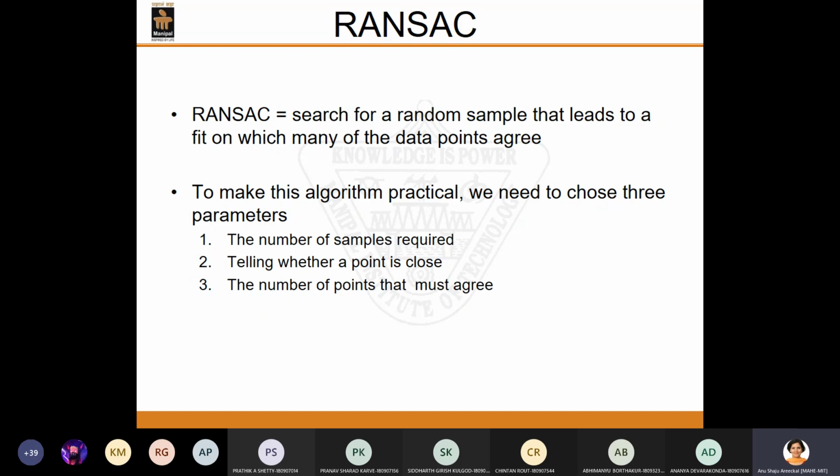Then we discussed a texture synthesis method using the local sampling model. And the last topic for today's class was the RANSAC algorithm, which tries to identify the outliers present in a point distribution. If you have any doubts, you can ask me now.